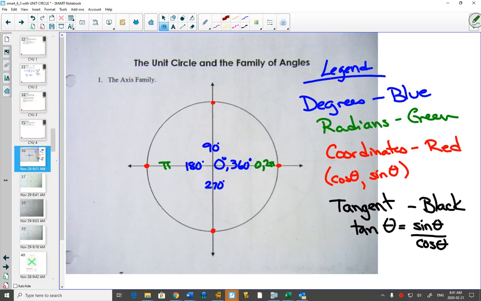Then what fraction of pi is 90 degrees? Half of that. So we can write pi divided by 2. And if 90 degrees is pi divided by 2, can you see that 270 is 3 times that, which would give you 3 pi divided by 2.